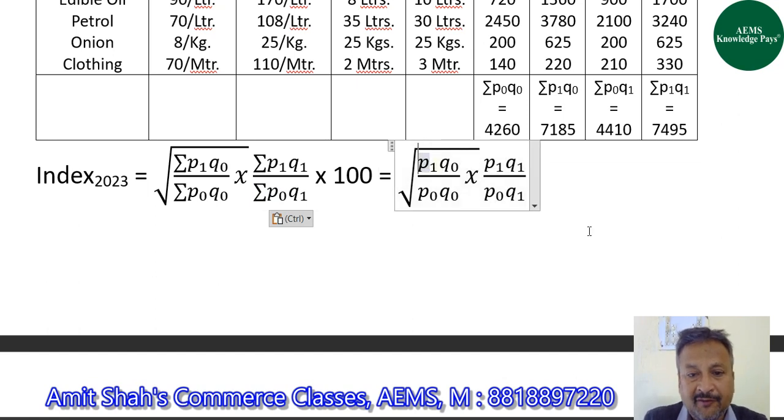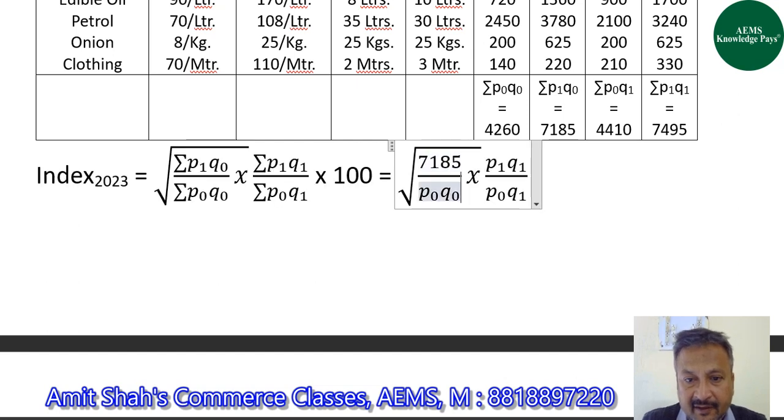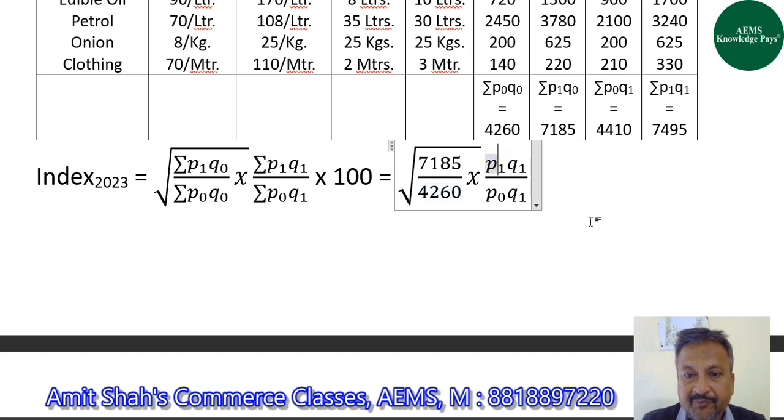So the sum total of P1Q0 is 7185, of P0Q0 is 4260, summation of P1Q1 is 7495, and the sum total of P0Q1 is 4410.